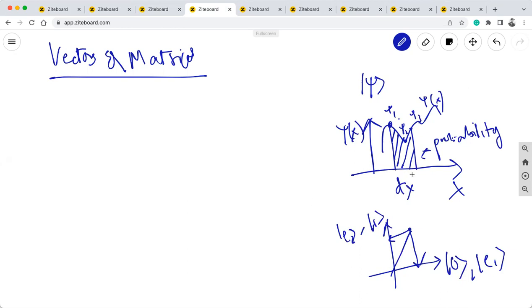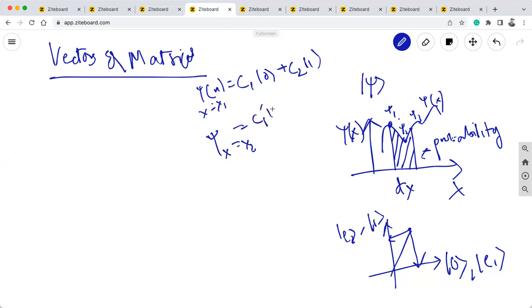For example, at x equals x1, your wave function xi of x is the combination of some c1 ket0 plus c2 ket1. Now your xi at x equals x2, this description will be different. Say it may be c1 prime, a different value, plus c2 prime, another different value, ket1.